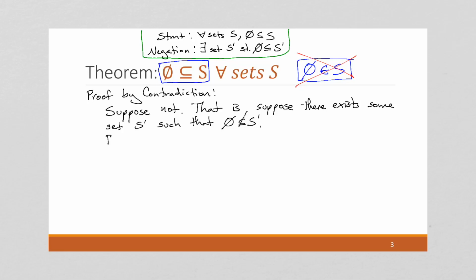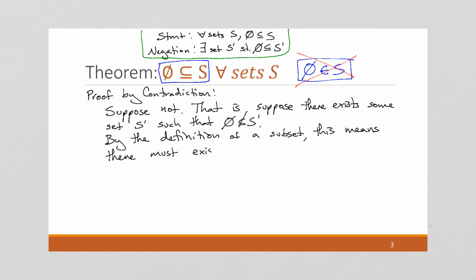So by the definition of a subset, this means there must exist some element in the empty set that is not in S prime.